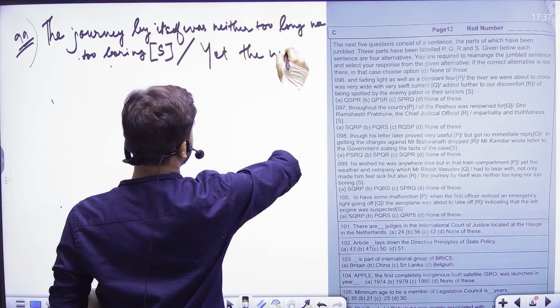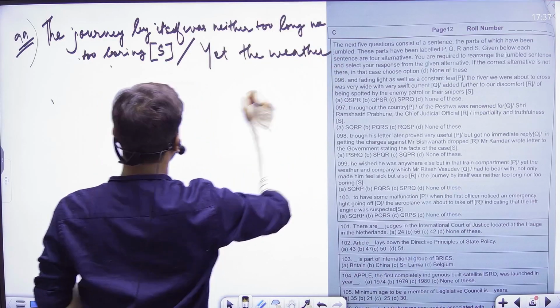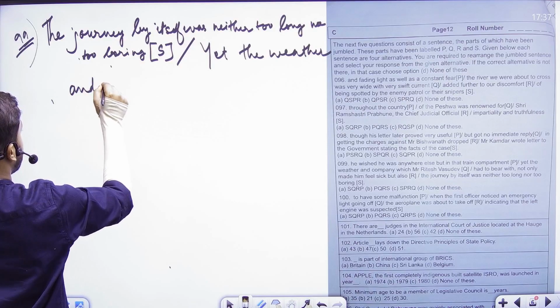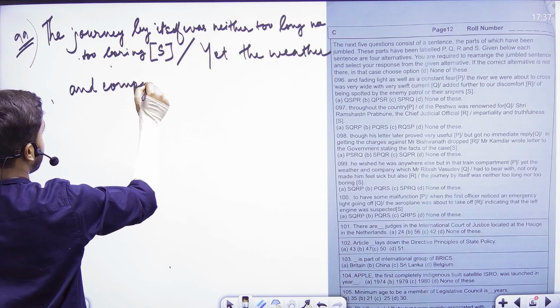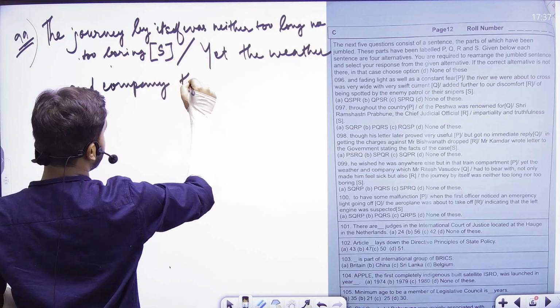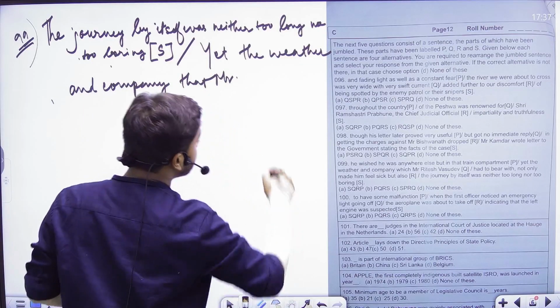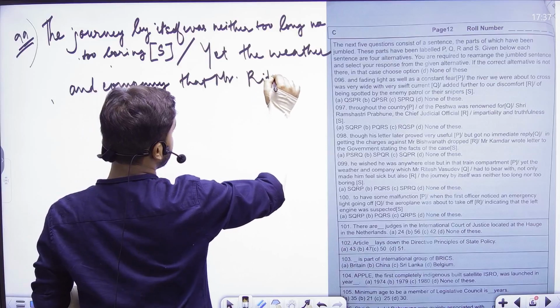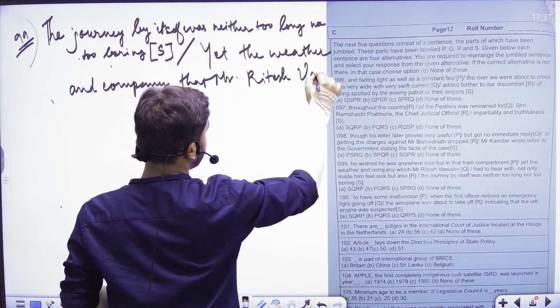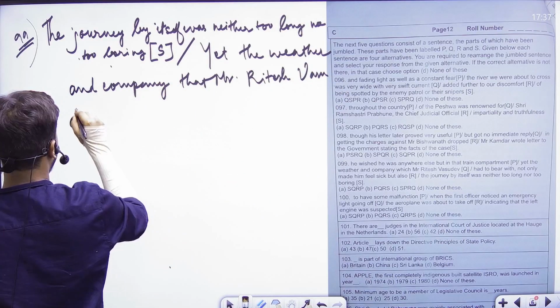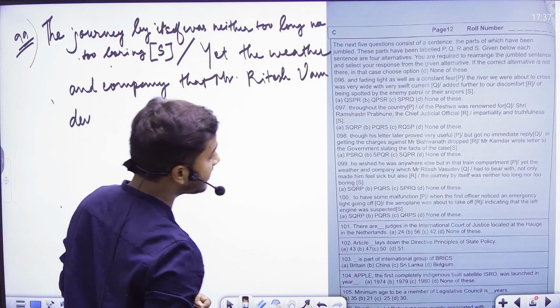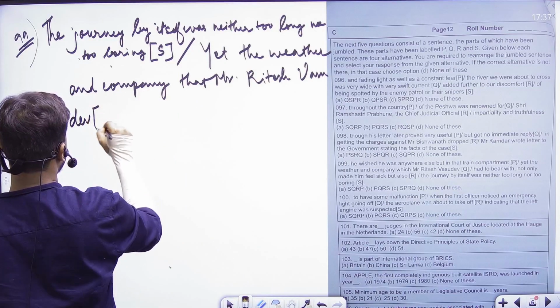Yet the weather and company that Mr. Ritesh Vasudev. तो अभी ये आ गया and this will be section Q.